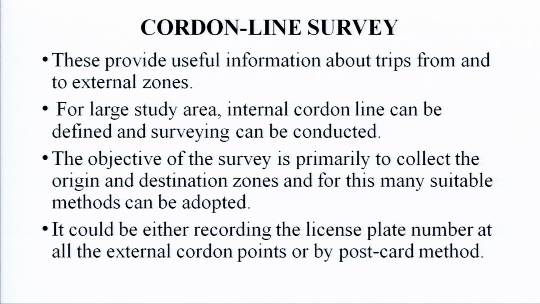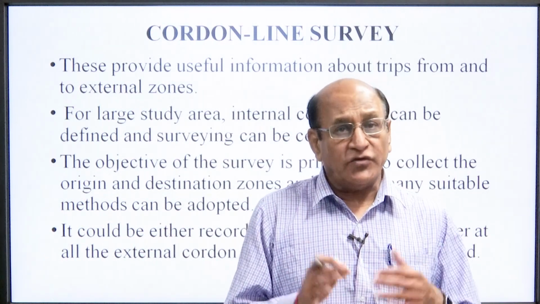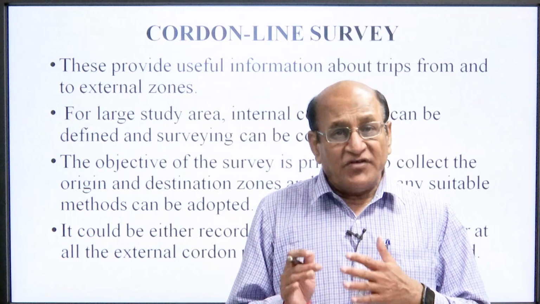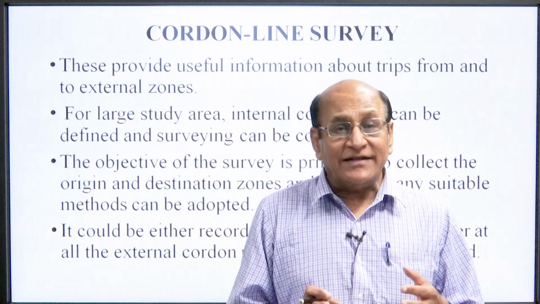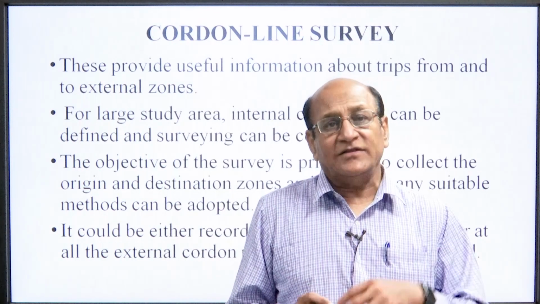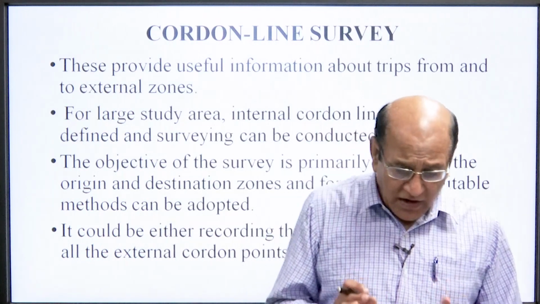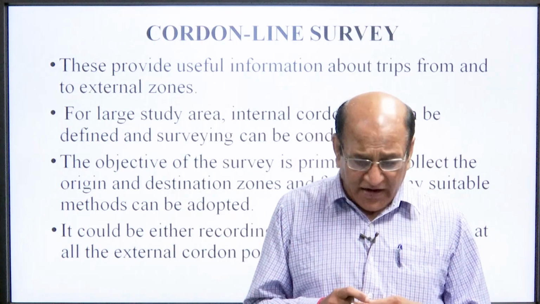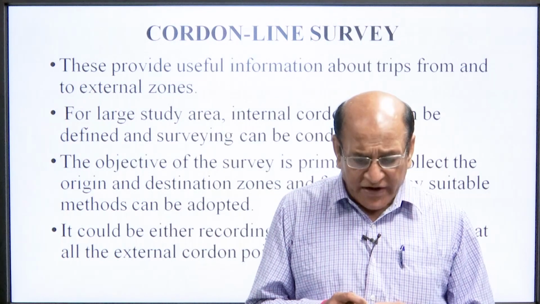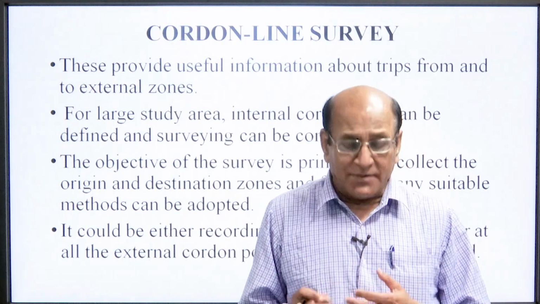Now we come to the cordon line survey. These provide useful information about trips from and to the external zone, because a cordon is the line which is used to divide the main area under study and the outer side. For a large study area, an internal cordon line can be defined and surveying can be conducted.